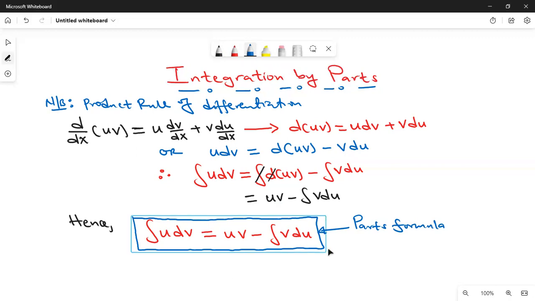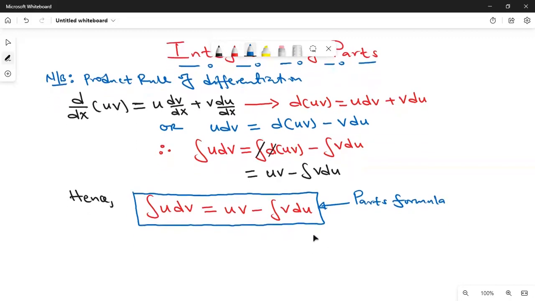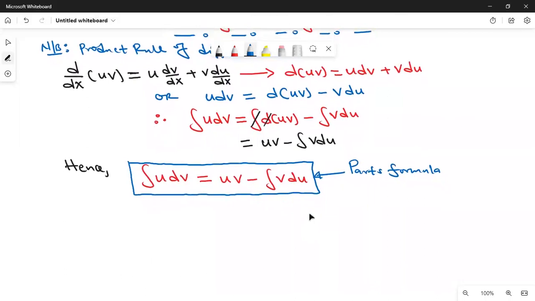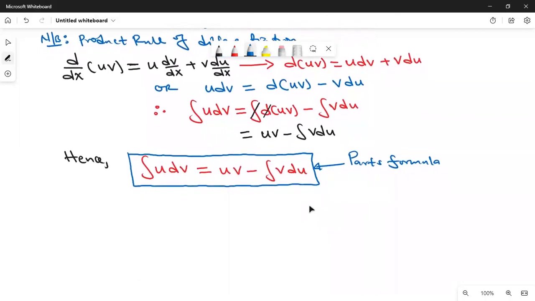Now, when do we use integration by parts? You realize that we're integrating a product. One of the functions is u, another function is dv.